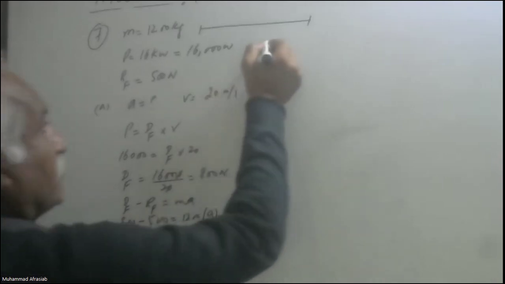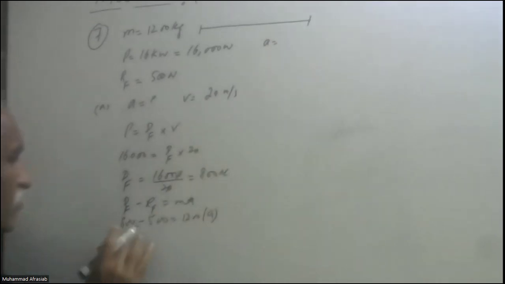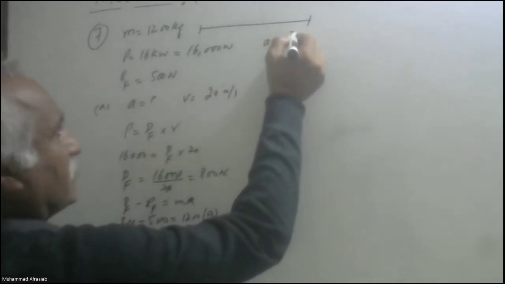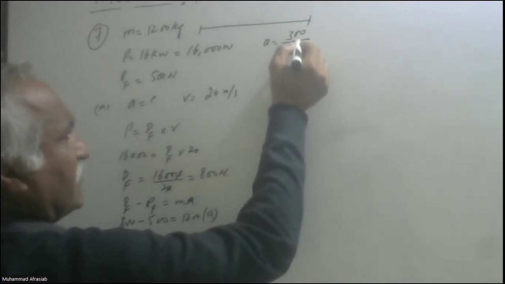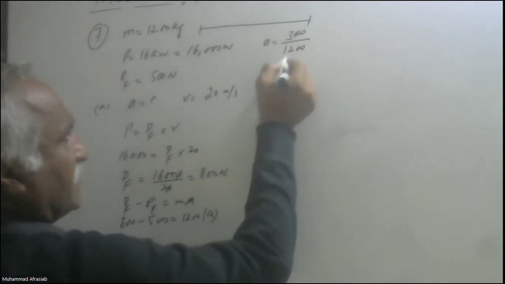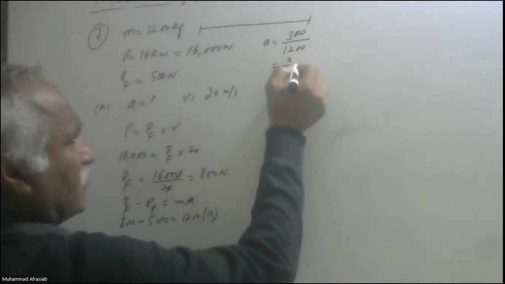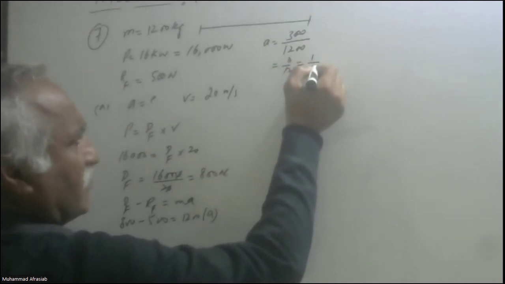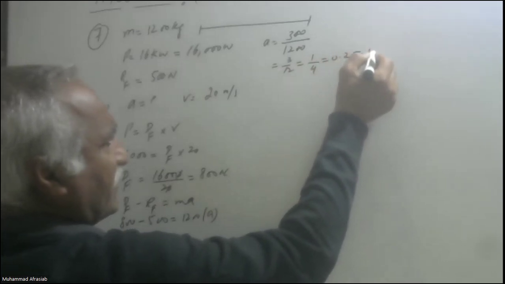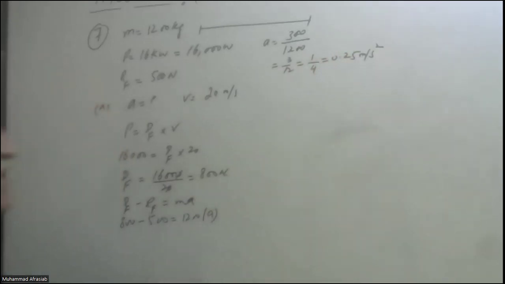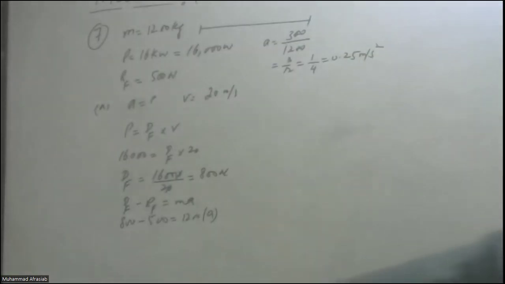So acceleration a will be equal to 300 over 1200, or 3 over 12, or 1 over 4, that is equal to 0.25 meters per second square. This is the first part of that question.